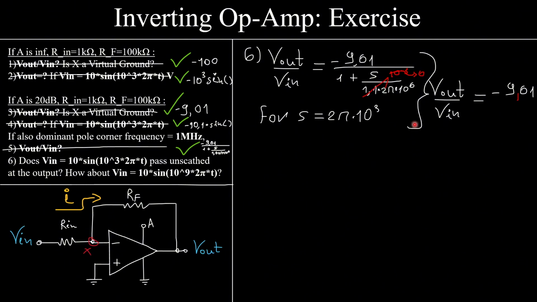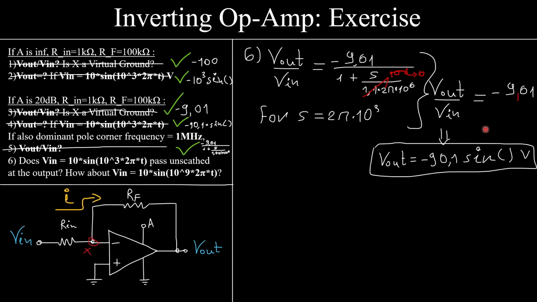If this confuses you, I get it. But as engineers, we must be comfortable with making these simplifications whenever we have to, in order to simplify our lives. Now the out will be equal to 90.1 sine. Why? Because I found the frequency response over here.